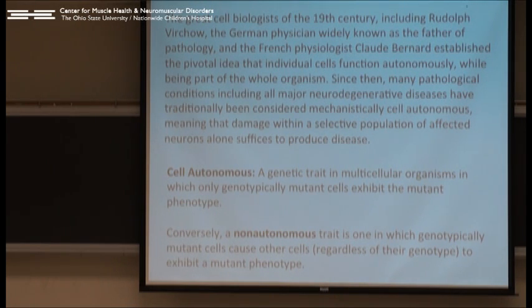I just wanted to bring up a first paragraph here on the great cell biologists of the 19th century, including Virchow, the German physician, widely known as the father of pathology, and the French physiologist Claude Bernard. They established the pivotal idea that individual cells function autonomously, while naturally being part of the whole organism.